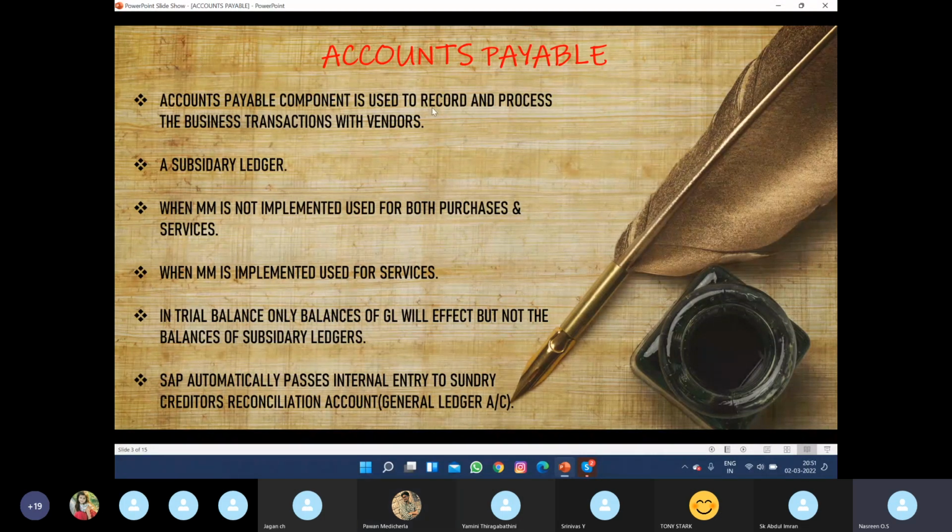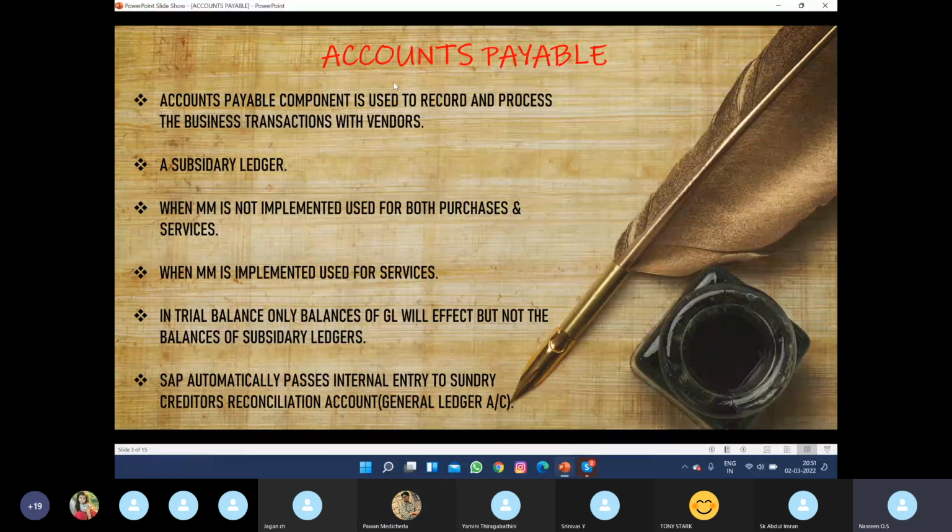Vendors are nothing but the suppliers. So accounts payable is a component used to record and process the business transactions with our vendors.